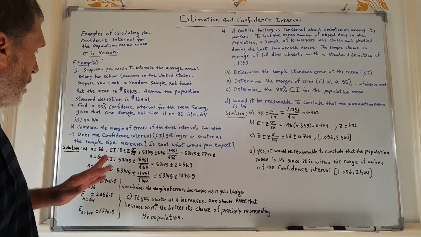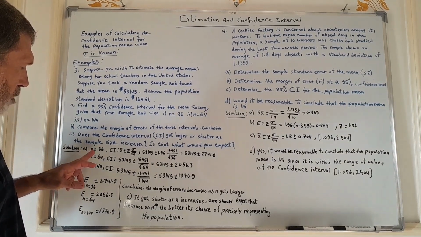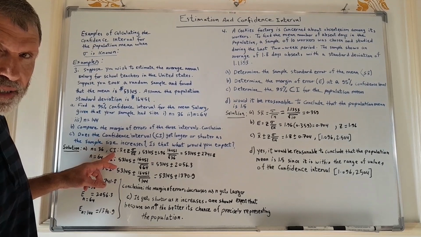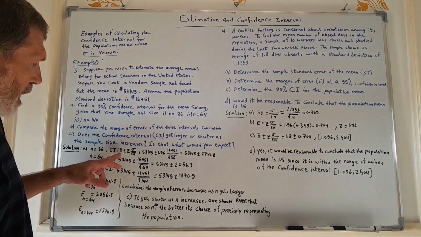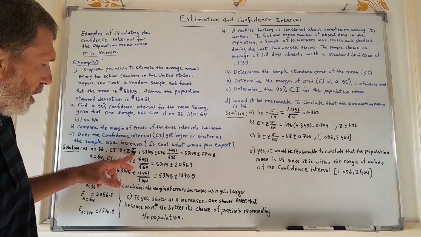Now, of course, solution, part A. When n equals 36, the confidence interval, CI, is x bar plus or minus z times sigma over radical n.